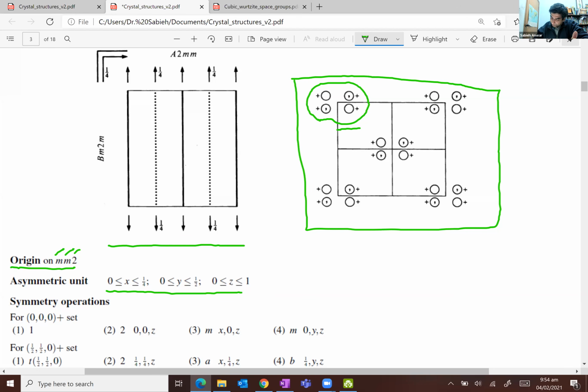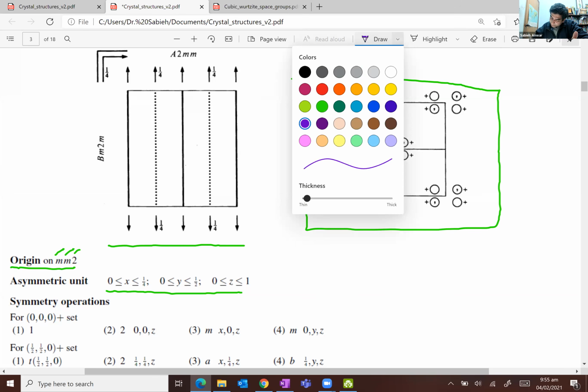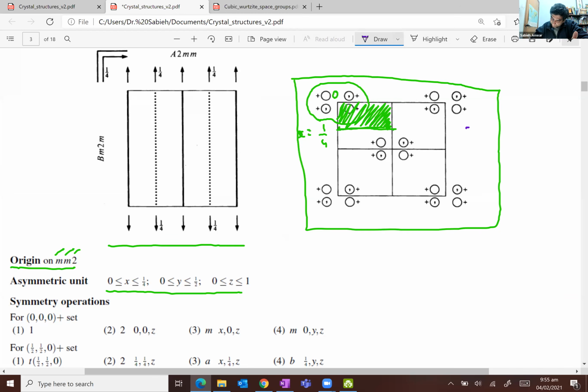So if I draw this area here, if I color this area, it is the locus where x is between 0 and 1/4, and y is between 0 and 1/2, and z is throughout the height of this unit cell.